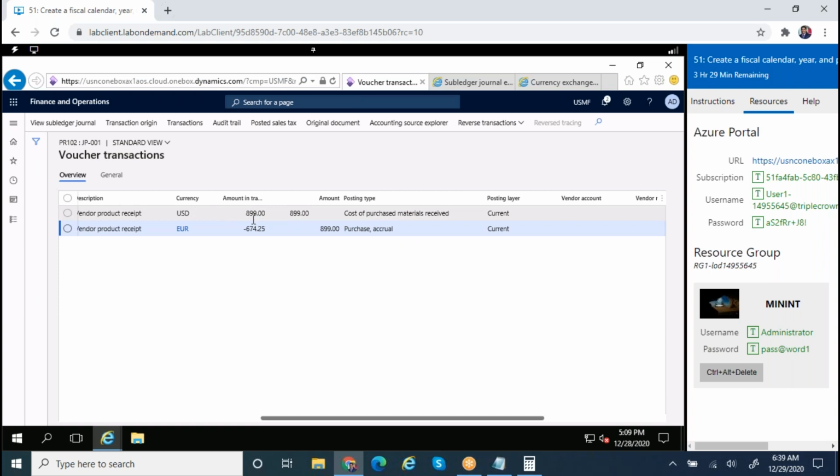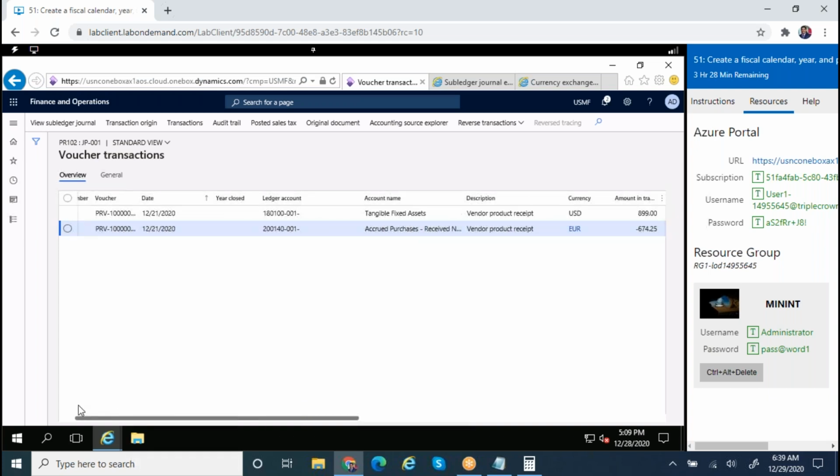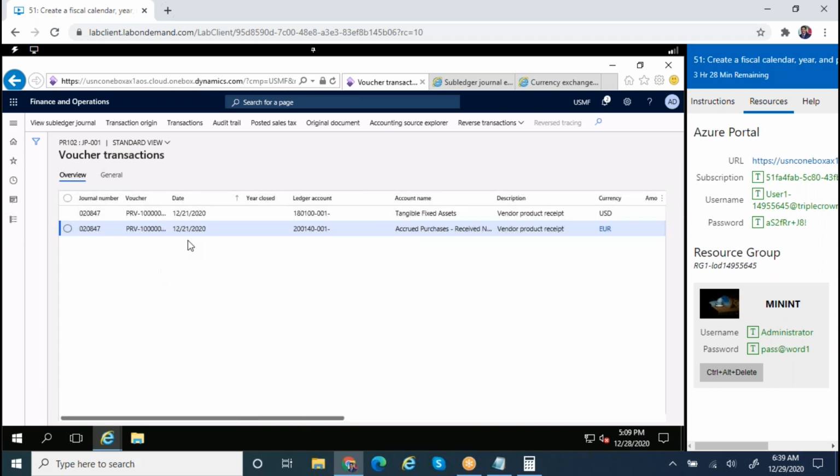One transaction is in US dollars, another one is in euros. This is the amount I need to pay to the vendor, that is the purchase accrual account. This is the cost of material account. Okay, this transaction is posted on 21st December.